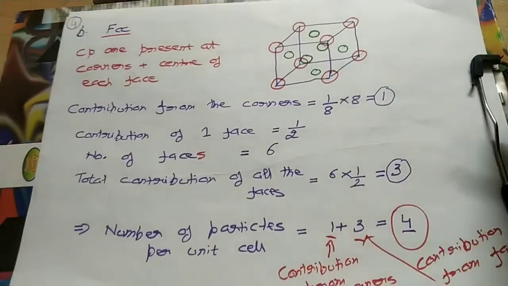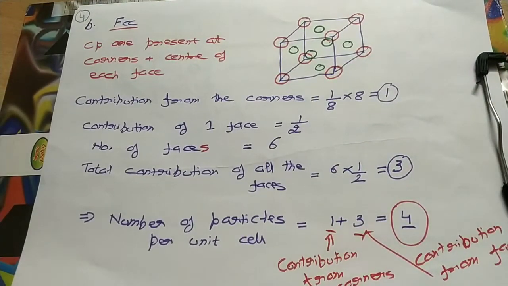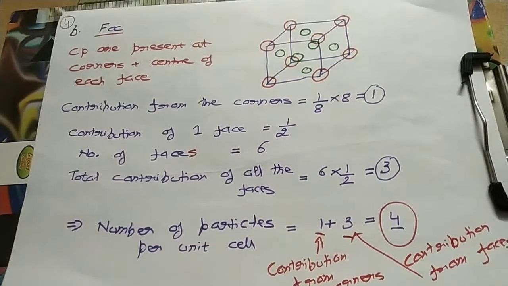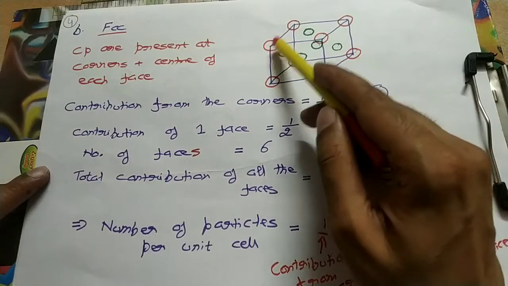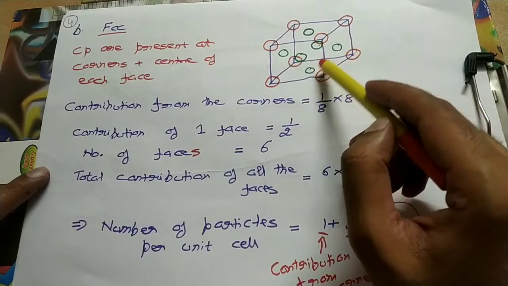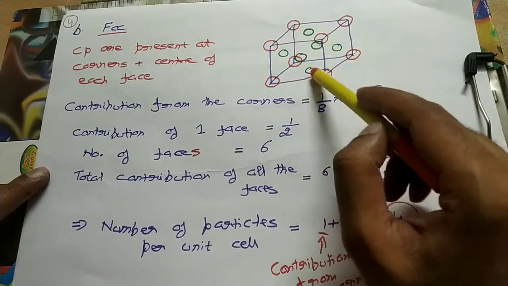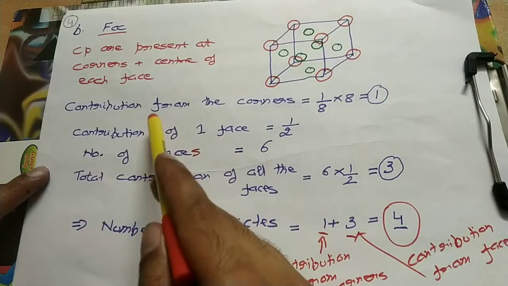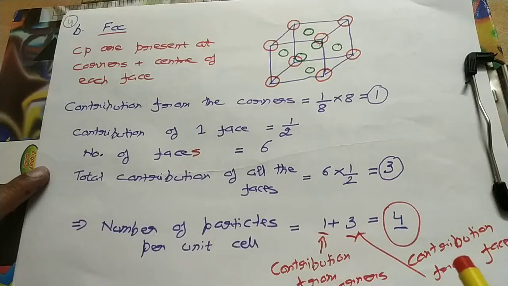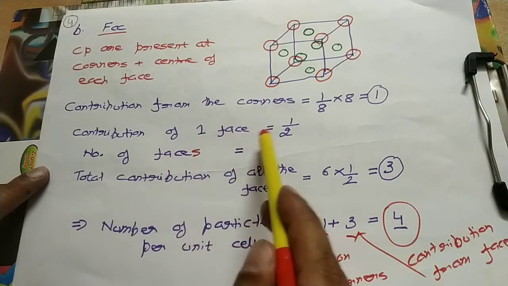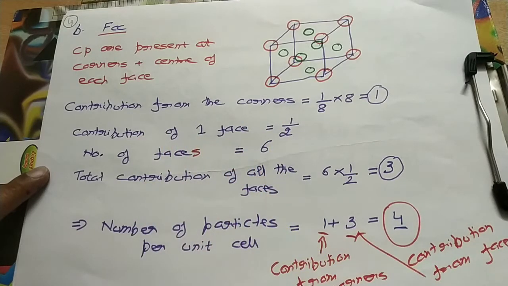In face-centered cubic unit cell, constituent particles are present at the corners and at the centers of each face. ठीक है, 6 faces होंगे. So contribution from corner as it is 1 जैसे पहले थी. Contribution of one face is half. How did half come?